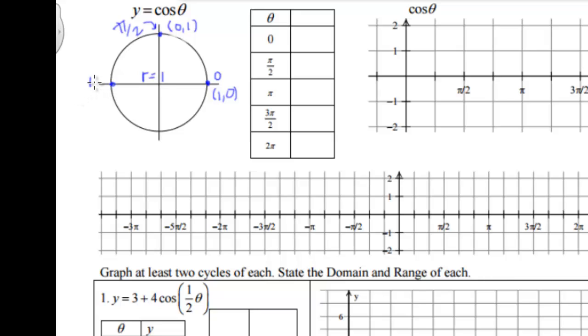And then the angle here is pi, and the coordinates of that point are -1, 0. The angle here is 3 pi over 2, and the point is 0, -1. Okay, so having that information handy is helpful.